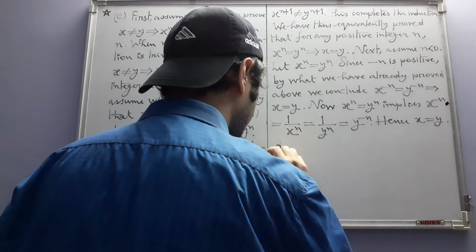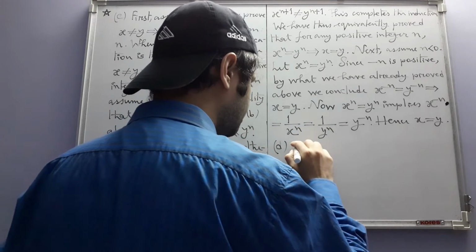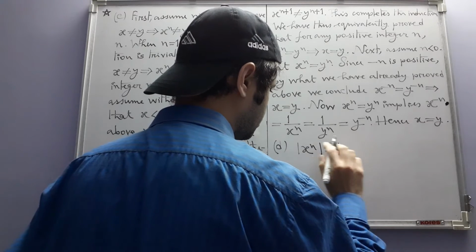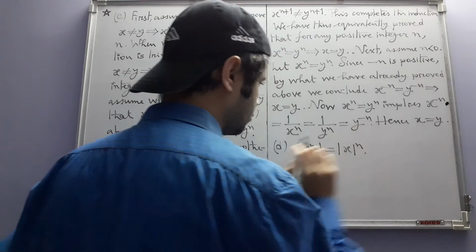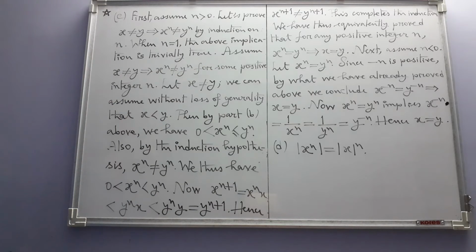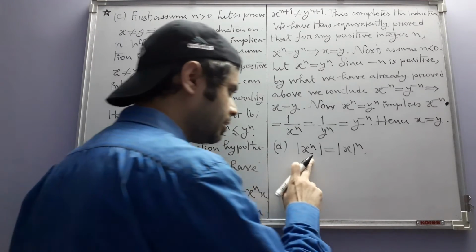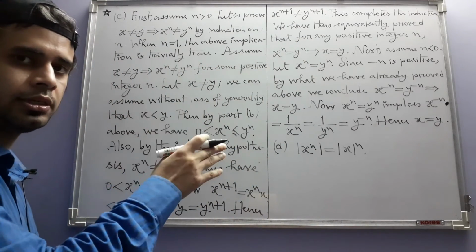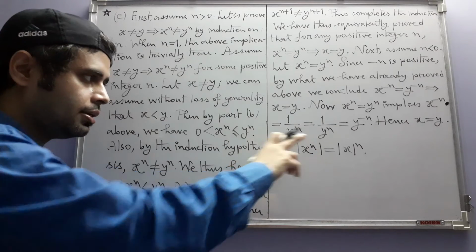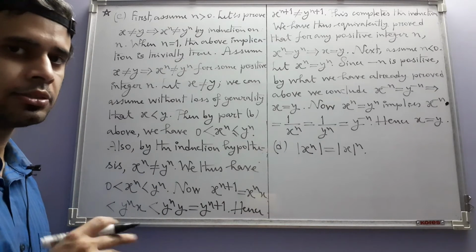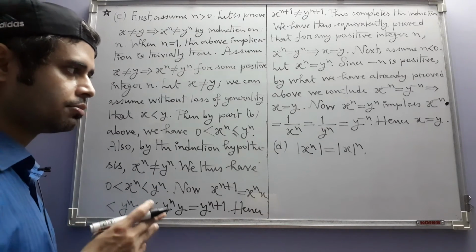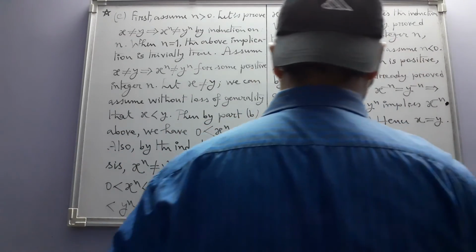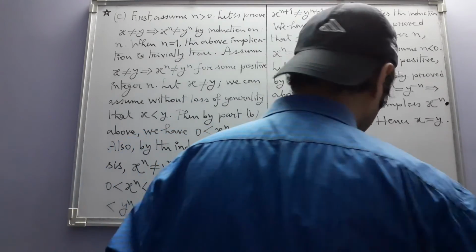And finally, part D. Here we have to prove this. For all integers n, we already have this result proved for us in proposition 4.3.10 part D, when n is a non-negative integer, that is when n is a natural number. So we only need to look at the case where n is negative, and we have to mention this also.